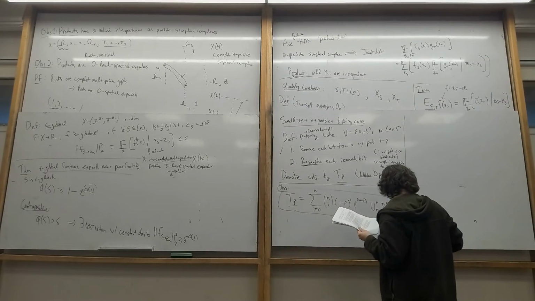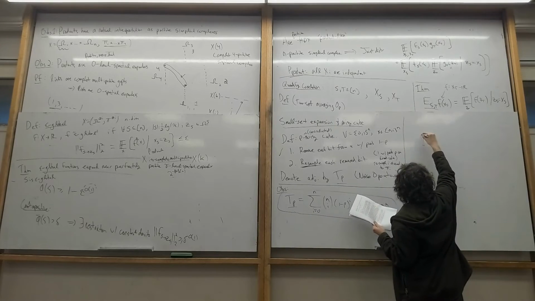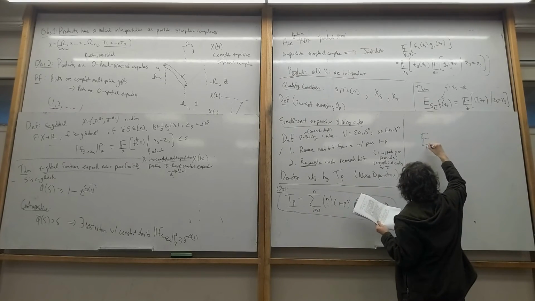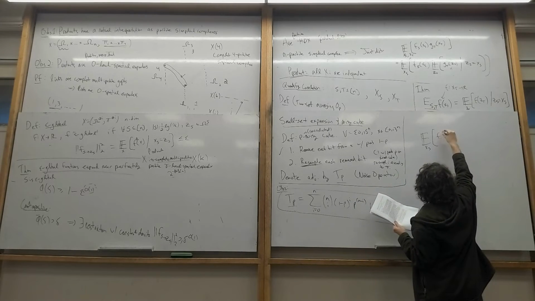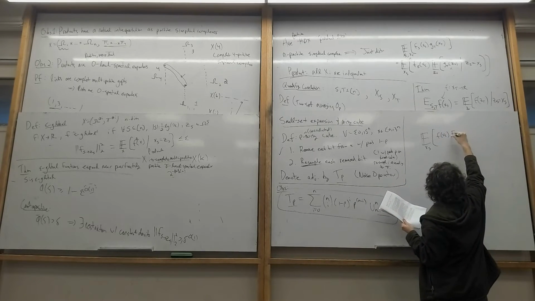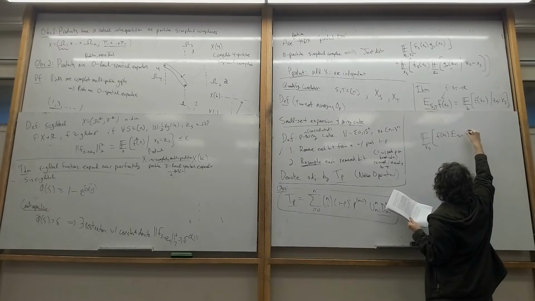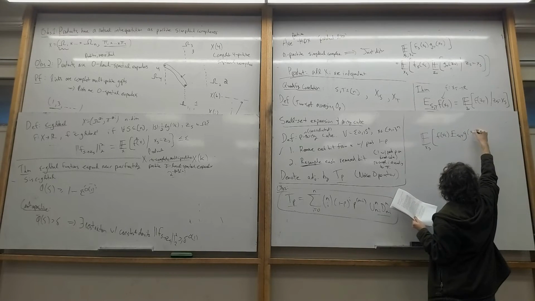Okay. Sorry. So this means that this is equivalent to just plugging in the definition. This is f of xs times g of xt.